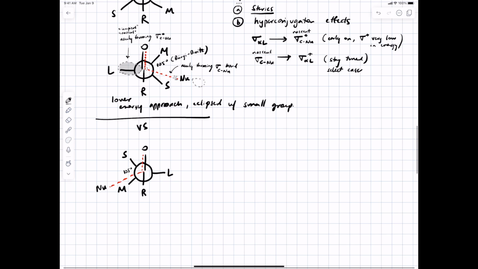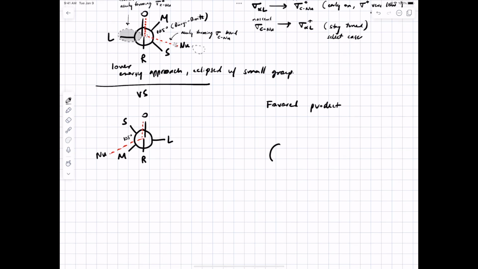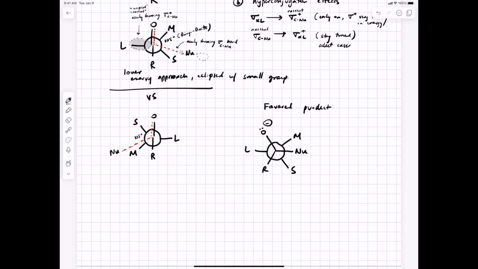And so the predicted favored product is going to be the one that comes from attack from the right-hand side, and we can just adjust our Newman projection. We can put the nucleophile here, the R group here, and then the negatively charged oxygen there.